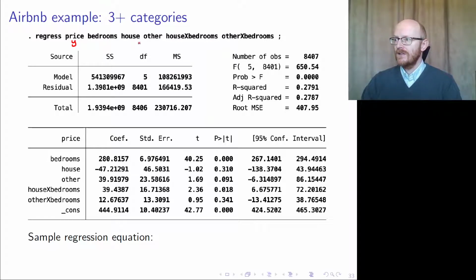So let's look at a regression which regresses price, which is our y variable, on bedrooms, house, and other. These are our dummy variables. And we have house times bedrooms and other times bedrooms. They are our interaction terms.